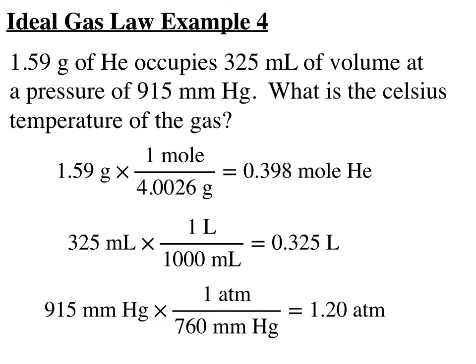So I take my mass in grams, use the molar mass and find the moles of He, take my volume in milliliters, convert it to liters of volume, take my pressure in millimeters of mercury, and convert it to atmospheres of pressure. Remember, you cannot use R in the units that are prescribed for it unless these values are in the particular form that you see on this slide.